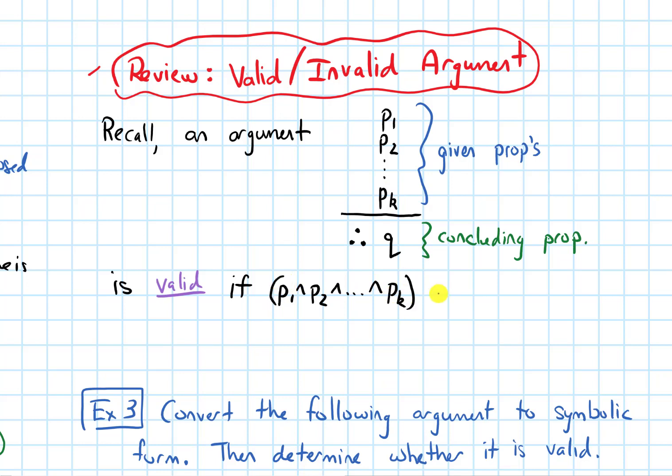So if we look at all of those implying Q, if this is always true, and we will use a truth table to verify this.